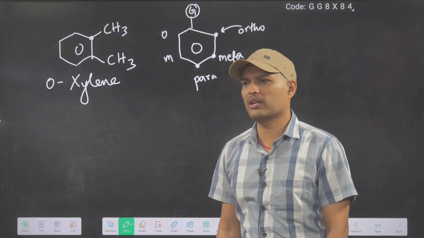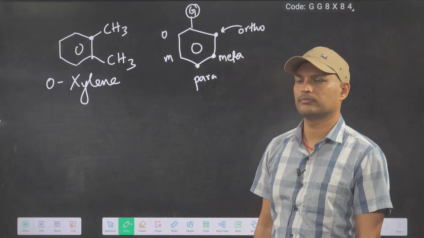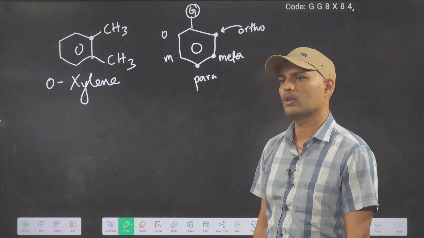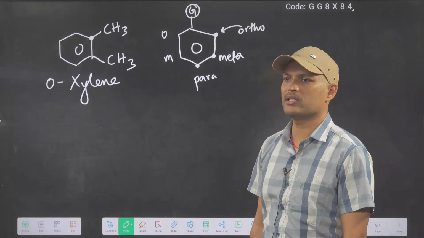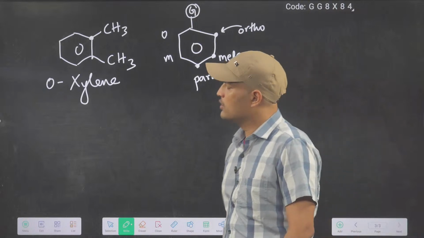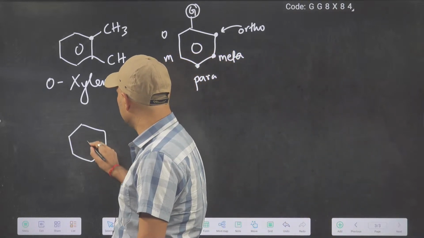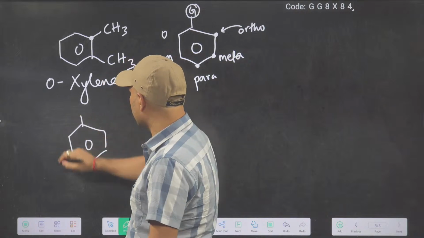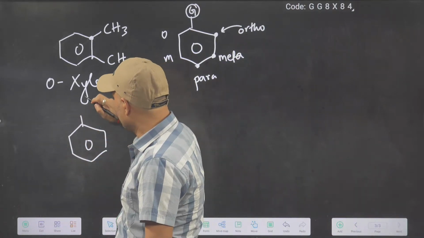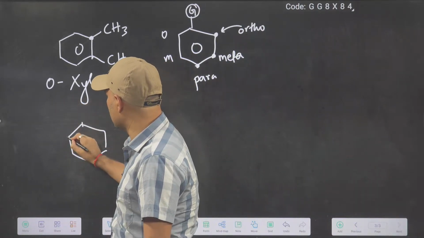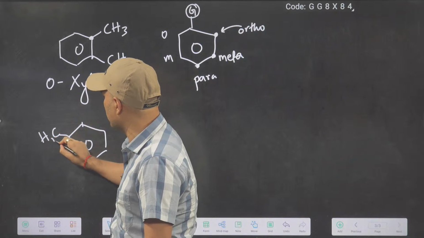Thiophene structure also given in NCERT. Okay, we will come to all those points. Wait. Orthoxylene. Can you tell me diagram of metaxylene? See, first group you can connect anywhere, your choice. Suppose I connect one methyl group here.